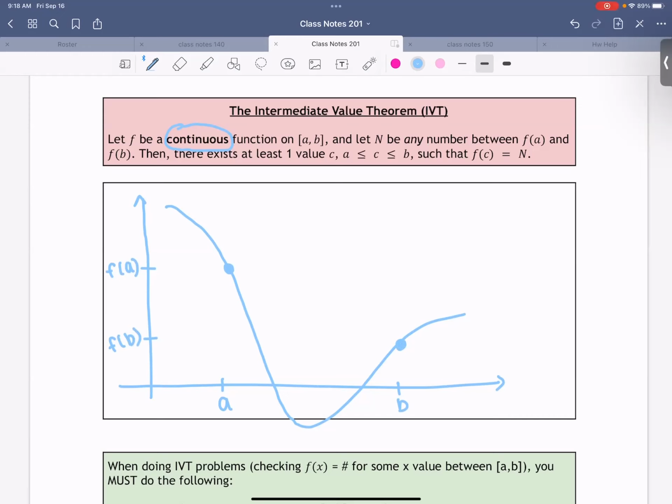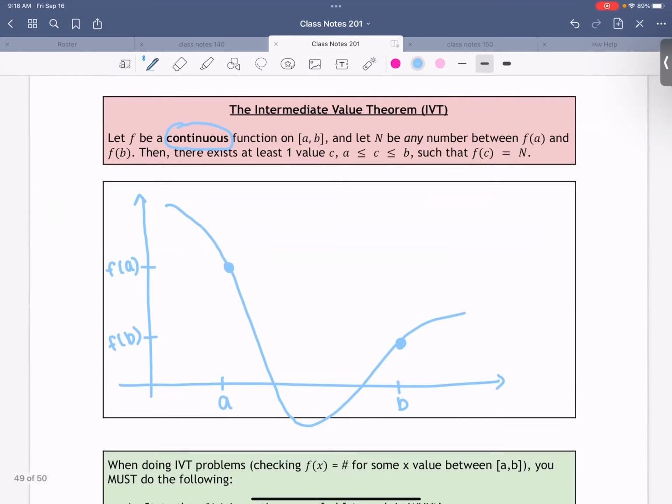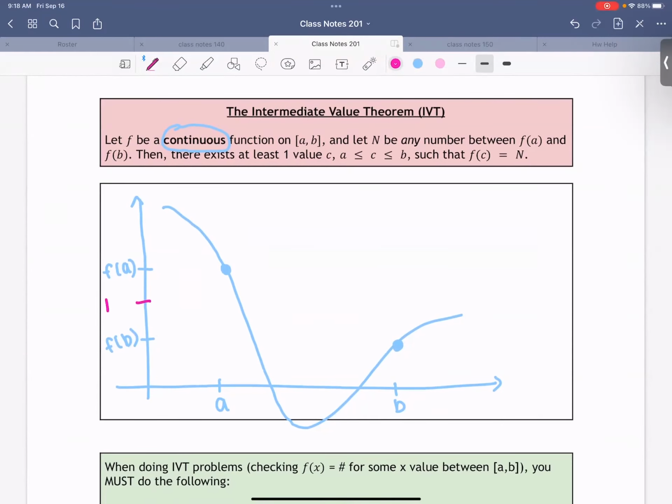Now the intermediate value theorem says, let n be any number between f(a) and f(b). So n is something in the middle. What this theorem says is if we have this condition and it's all set up, the function's continuous, and n is between f(b) and f(a), there exists at least one value c between a and b, so an x value, such that f(c) equals n.